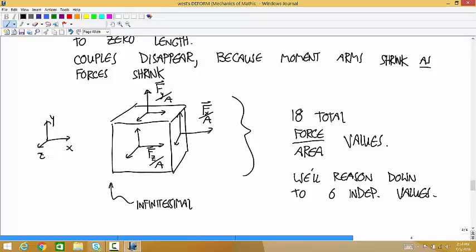But this is the origin of the idea that the stress tensor comes from: these 18 values of the force acting on a cube's face divided by the area of that face. Okay, that's it.